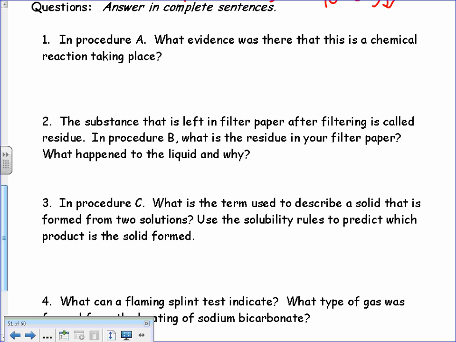So what are some evidences that a chemical reaction is taking place? First of all, you saw an unexpected color change from the metallic silvery color to the white powder, right? And that's like, oh, I didn't think it would do that. Another one is that light was made, light production. You saw it got really, really bright, right? So that's not really on fire. It was kind of on fire, but it's just really bright. So light production, there's also probably heat production with that. So those would be 3 really acceptable ones.